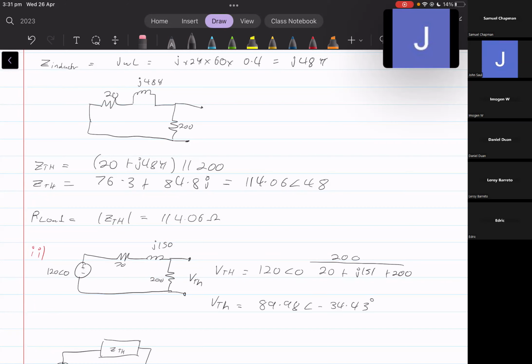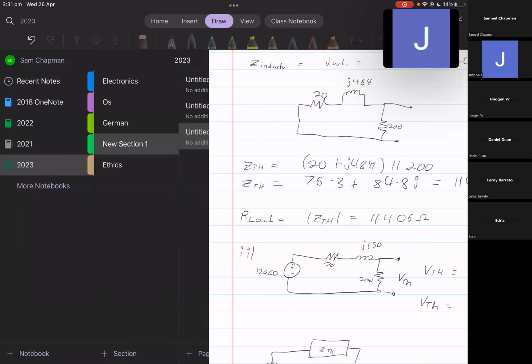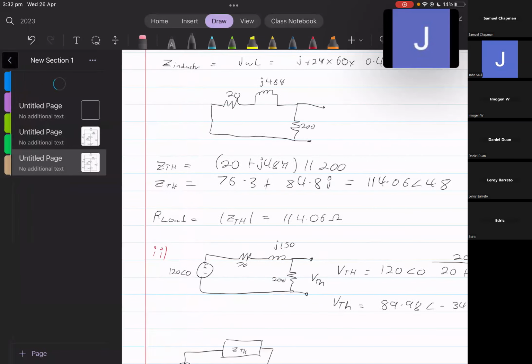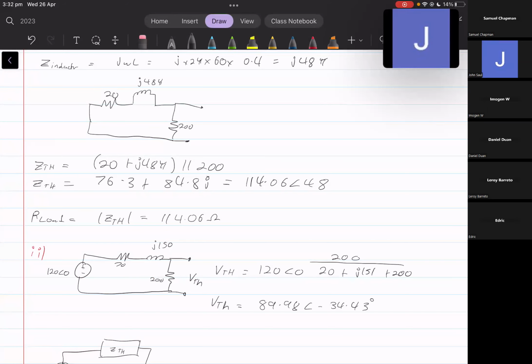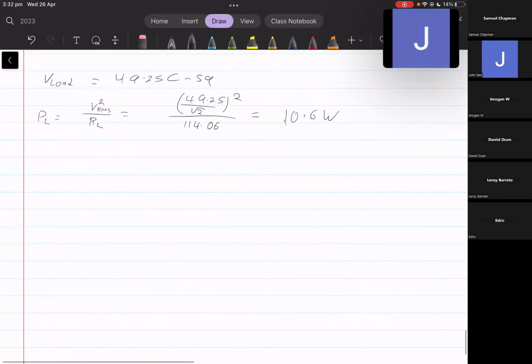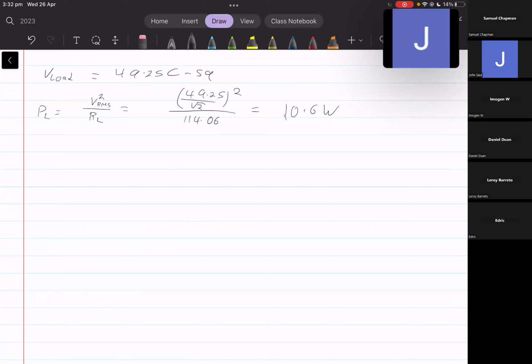So looking at this circuit, that's just a voltage divider. Any other questions? Okay.